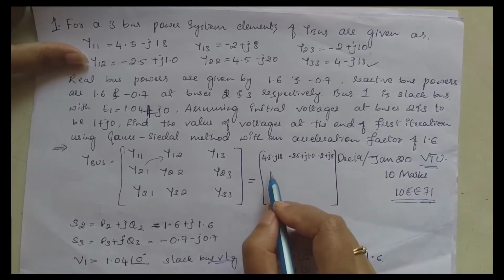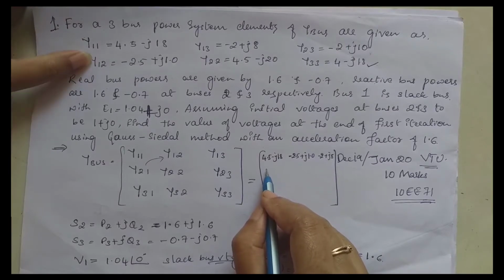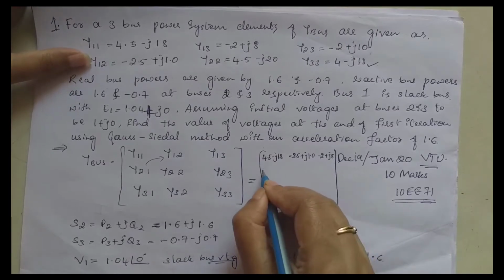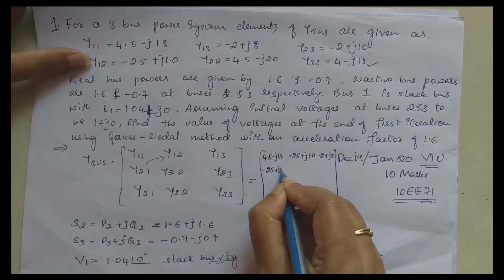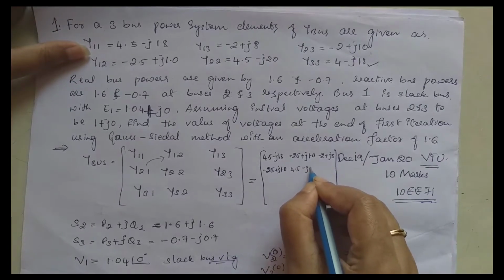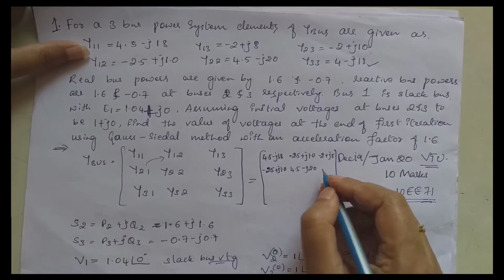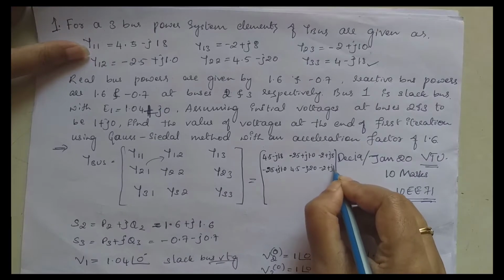Similarly, Y21 is also equal to Y12, so minus 2.5 plus j1. Y22 is 4.5 minus j20. Y23 is minus 2 plus j10.